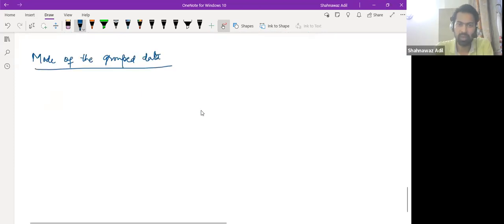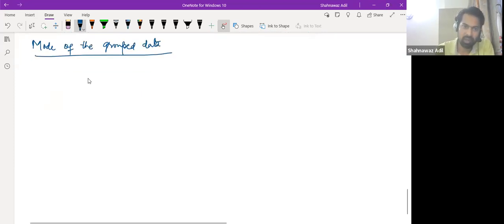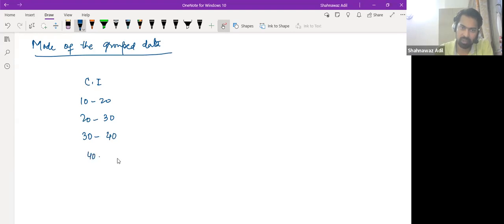So let's say you have a class interval like this. This is from, let's say, 10 to 20, 20 to 30, 30 to 40, 40 to 50, and 50 to 60. So this is the class interval that you have, and let's take 60 to 70.